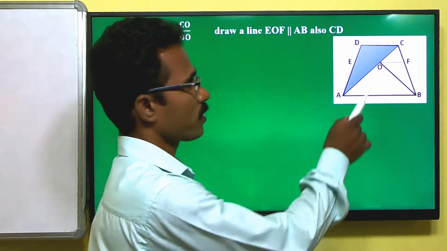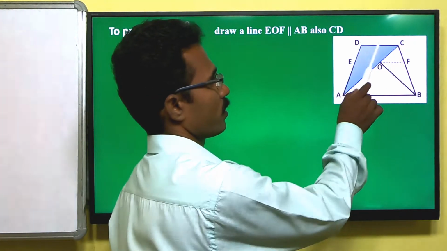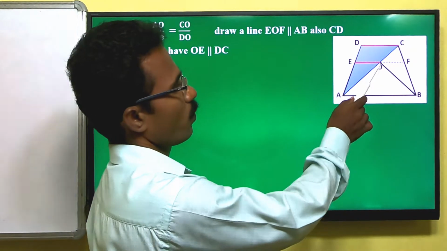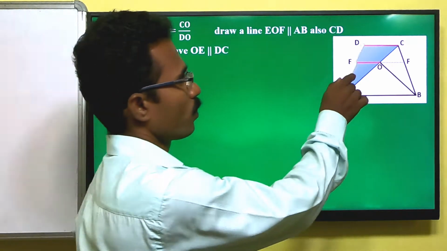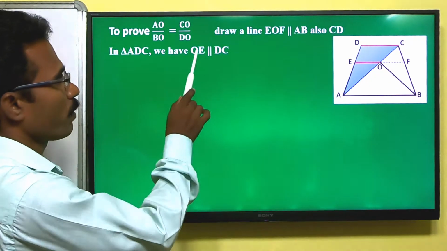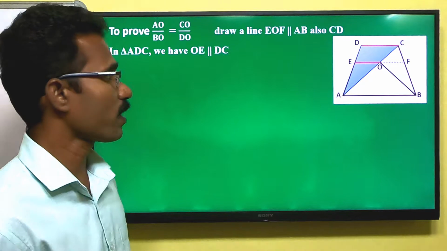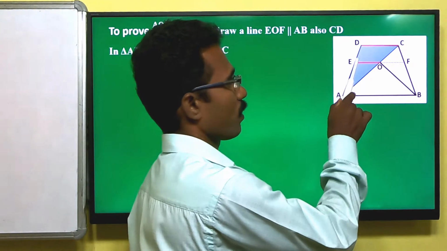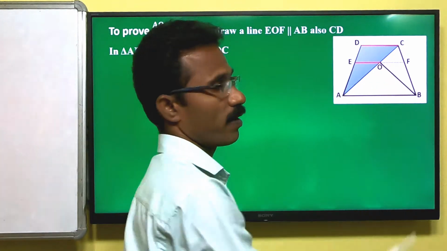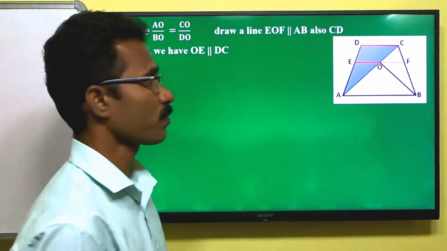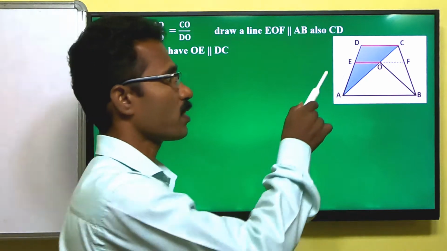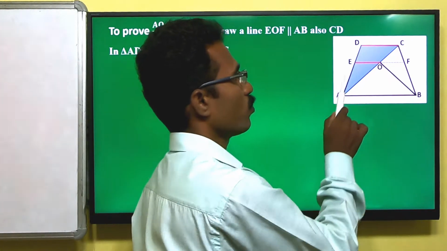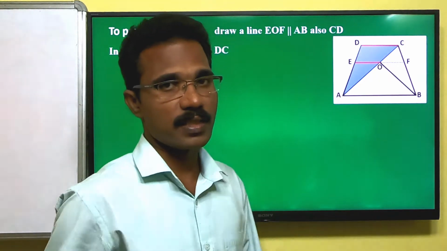Now we will take this triangle, where EO is parallel to DC. In the triangle, if there is a line parallel to one side of a triangle, then according to the basic proportionality theorem, the other two sides are divided in the same proportion.